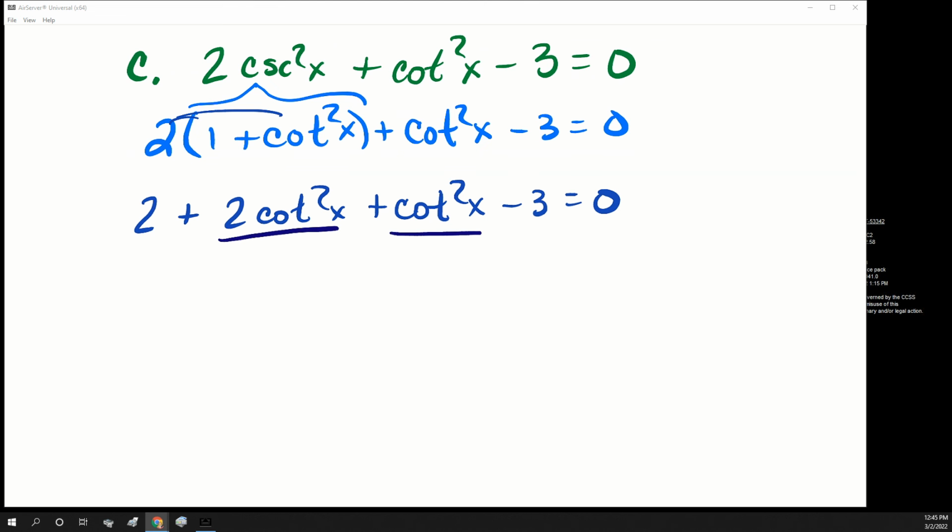And I don't know if you guys have ever added 2 cotangent squareds and plus another cotangent squared, but what do you think that'll be? 3 of them, yeah. Now that takes us to a problem similar to the first one we did. So kind of the same steps. We're just going to use some algebra to get cotangent alone.